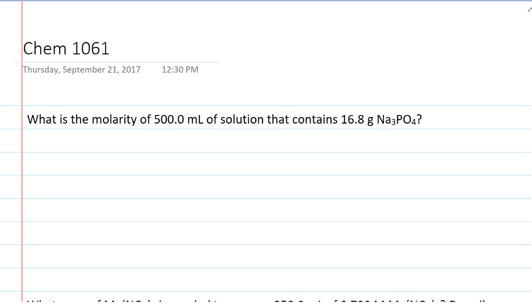So now as you read these problems, here's what you should be thinking. First of all, if we want to know what is the molarity, that means we want to wind up calculating something that has units of moles per liter. And specifically in this case, the moles of which stuff?